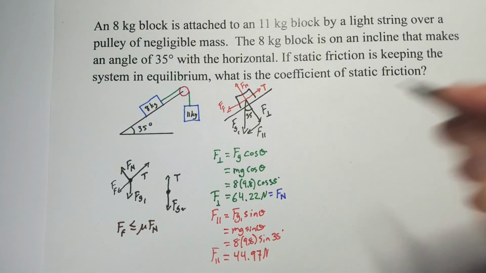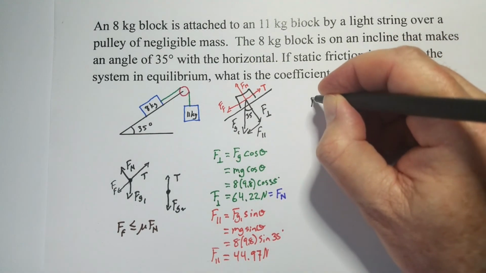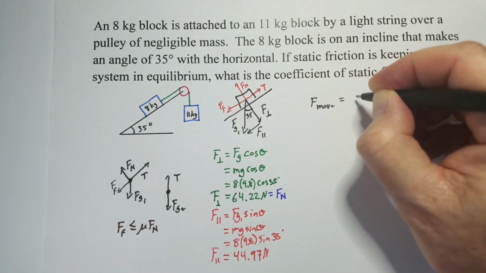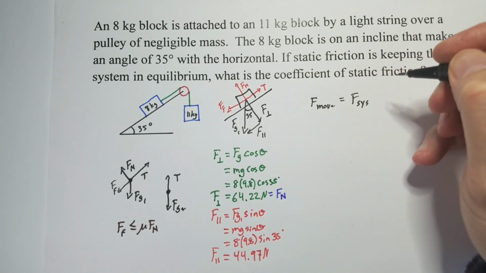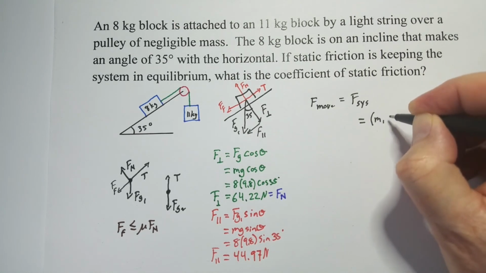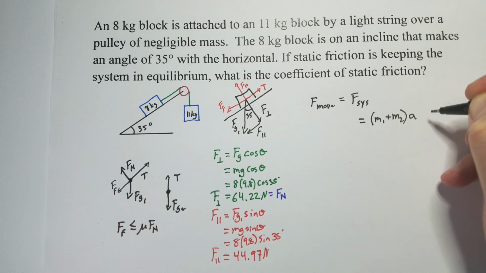How do I solve these type of Atwood type problems? Well, I'll do it a little bit differently. I'll set it up like this. The force that's affecting the movement of the system equals all the force on the system. So the force on the system is basically the two blocks, M1 plus M2, moving at some acceleration.